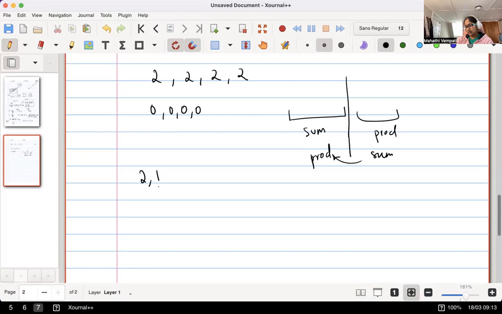So if I say 2, 1, the product is 2. So I make up a set with the product 2, with the sum 2. This is bad because this one's product is not this one's sum. So what does it mean to have two sets of numbers?